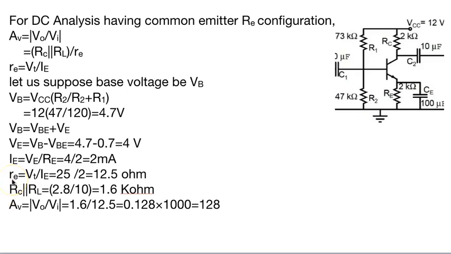Your re parameter in that case will be equal to VT divided by IE. IE we have already derived, so we get re. We have Rc and RL values, and if you put them in your equation, you get Rc in parallel with RL divided by re, and you get your voltage gain, which is independent of any beta value.